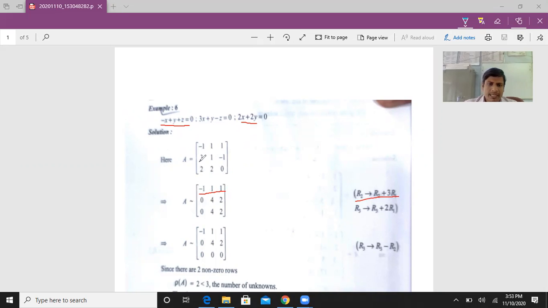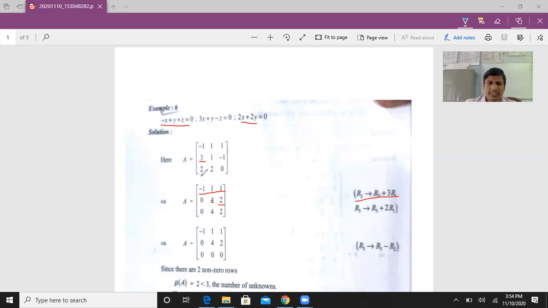Because here minus 1 is there and 3 is there, so 3 plus minus 3 is 0. Then 1 plus 3 into 1, that is 1 plus 3, that is 4. Then minus 1 plus 3 into 1 is minus 1 plus 3, that is plus 2.